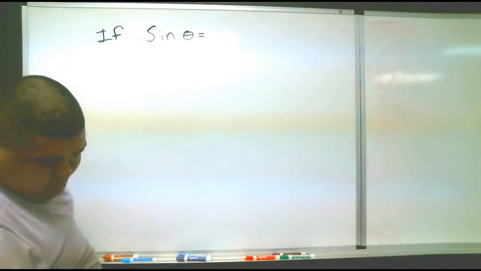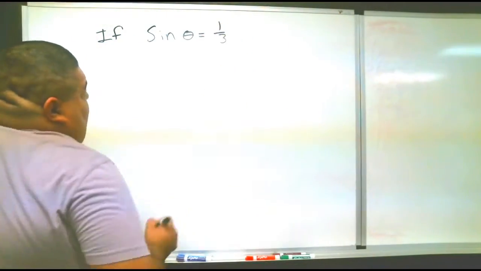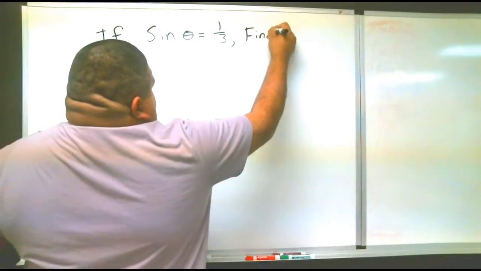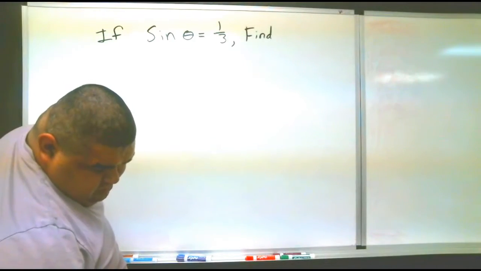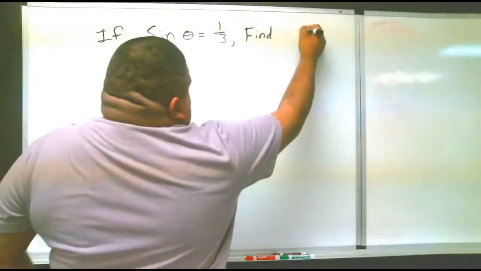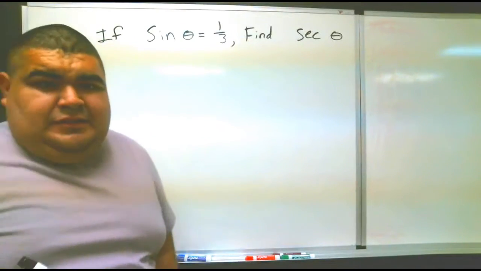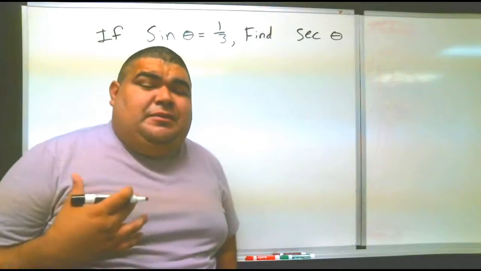If I were to say, I want to solve, if sine theta equals 1/3, find secant. That is our example for today, for our very first one. We'll say something a little more basic.